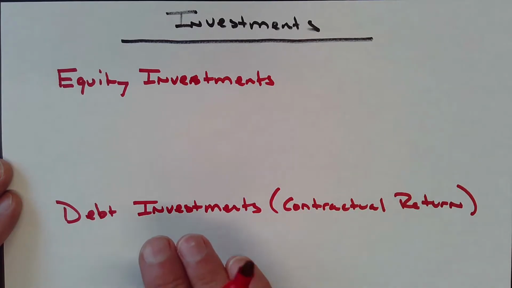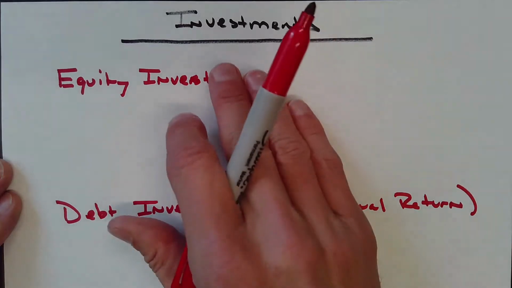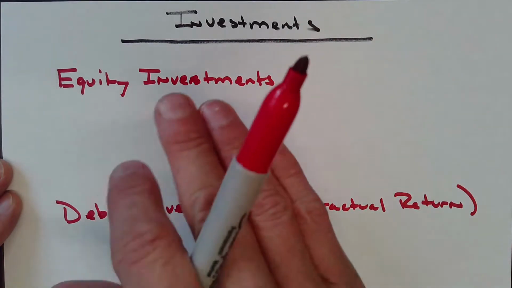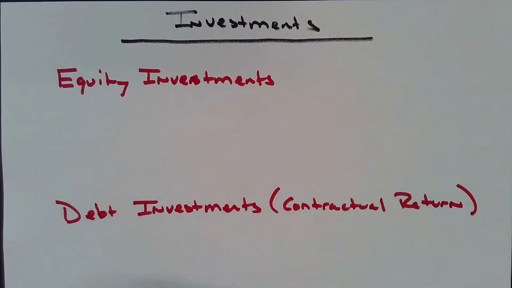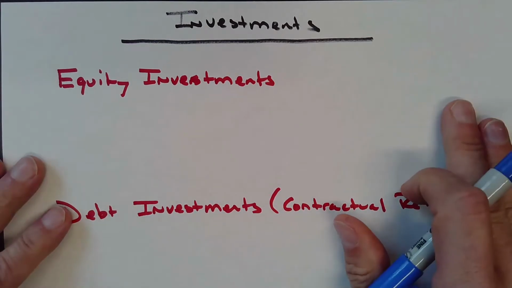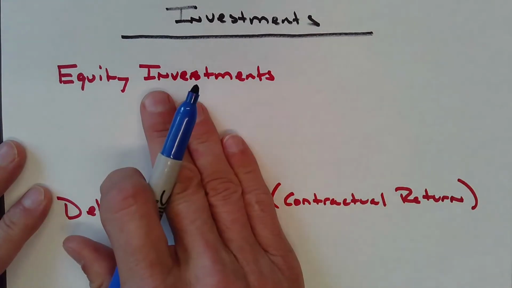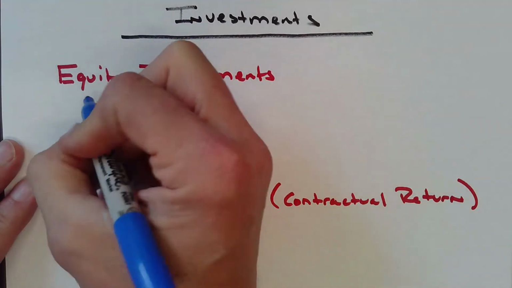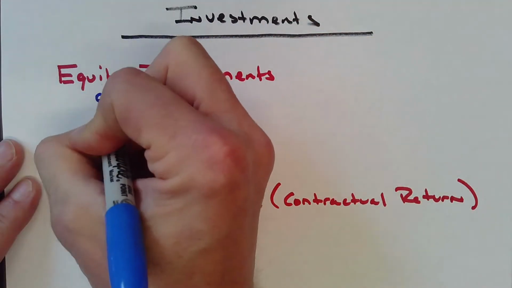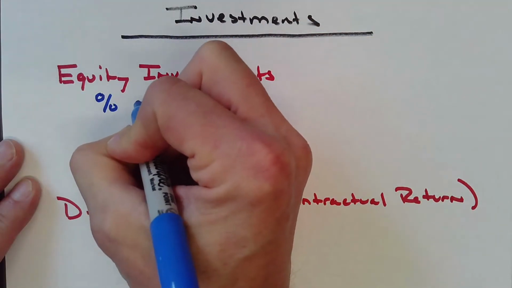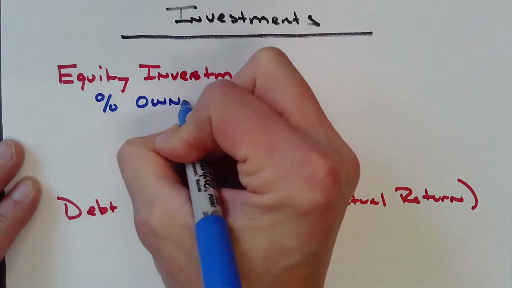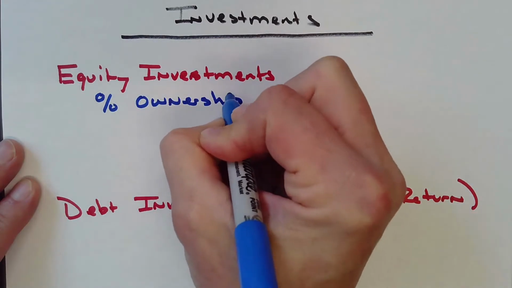So with each of these, they have different types of characteristics. With an equity investment, what I'm going to see in that contract is what percent ownership I have, right?